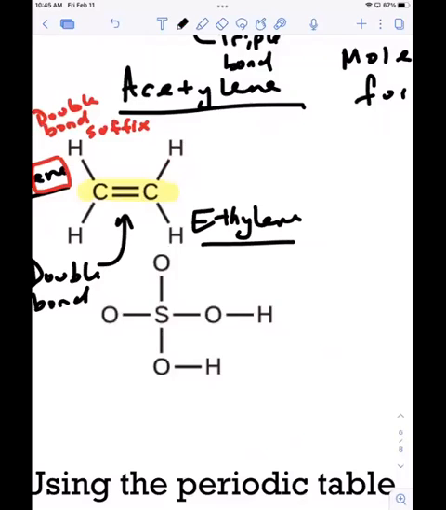My son and I did a science project once, because ethylene itself is a gas. If you have an apple, and when apples start to rot or deteriorate, they give off ethylene gas. So we tried to trap the gas and polymerize it, right?